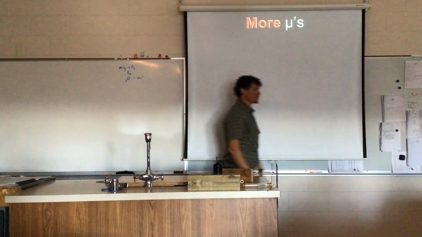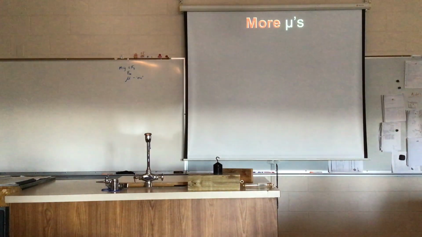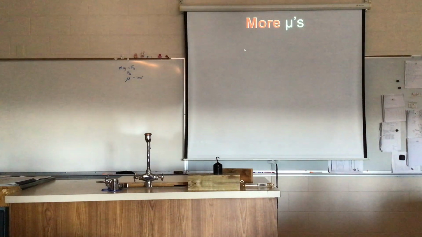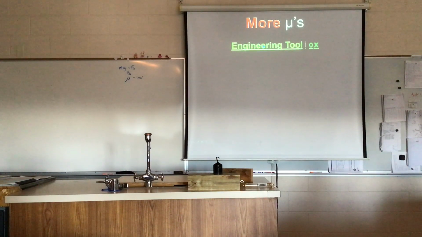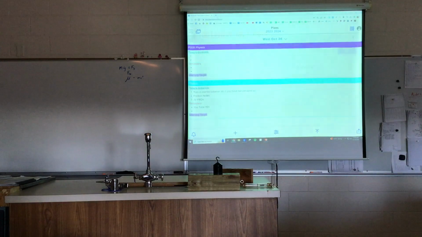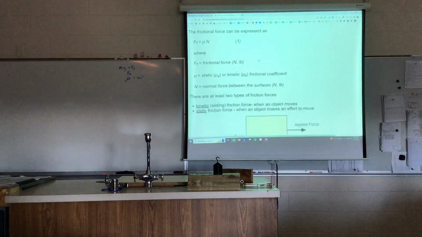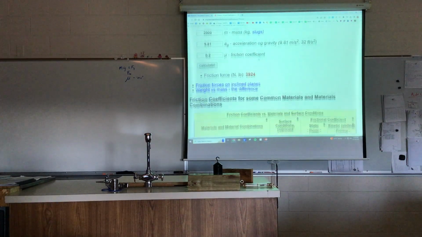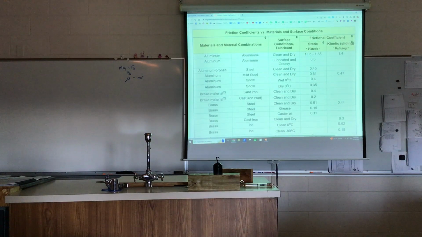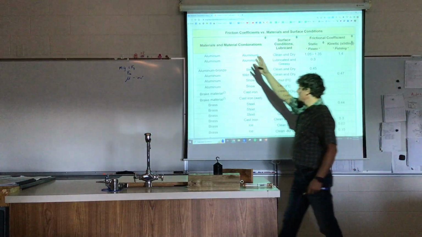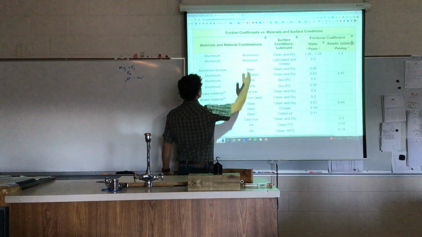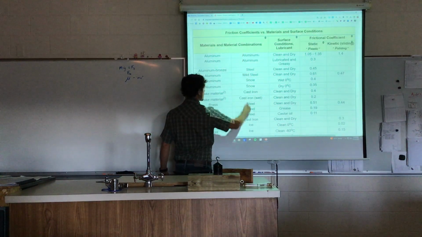More mu's. Let's check this out. You can look this up on all kinds of tables. I just pulled one up called the Engineering Toolbox. And here's a chart of mu values. We've got all kinds of materials.